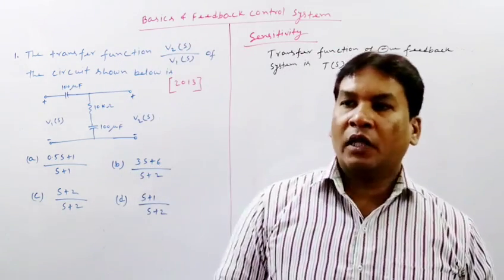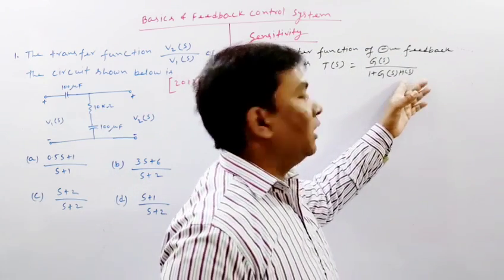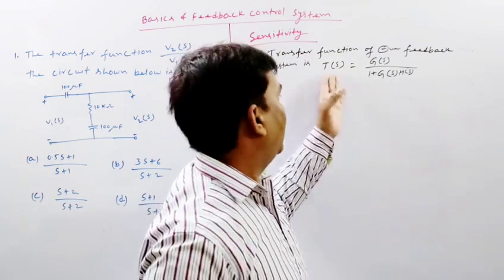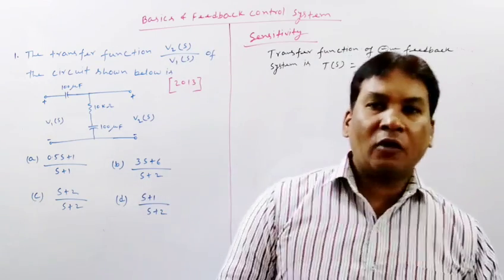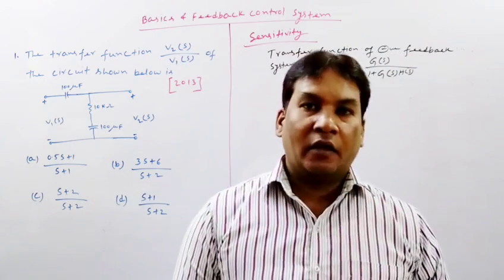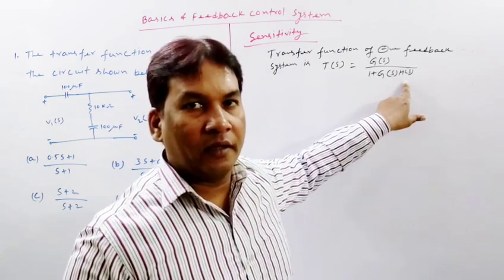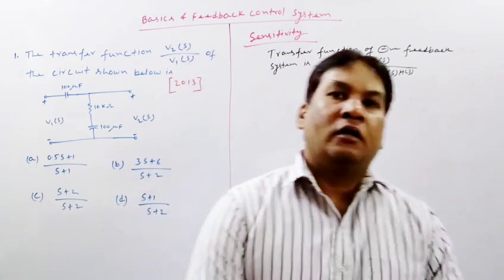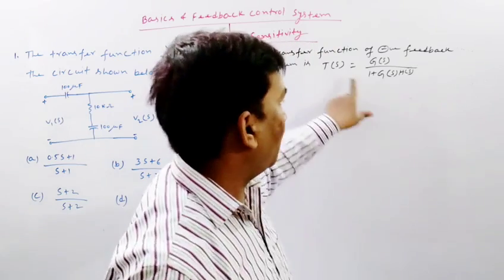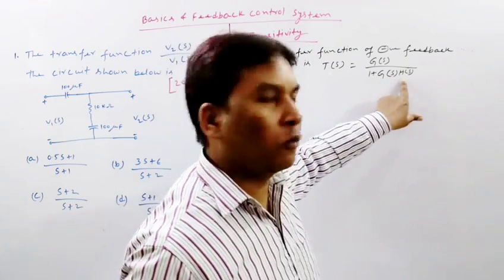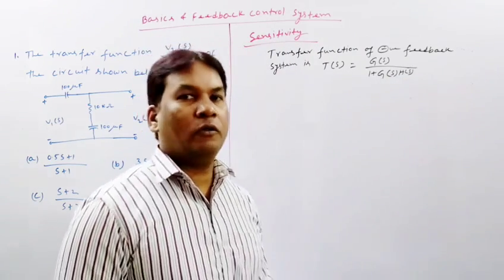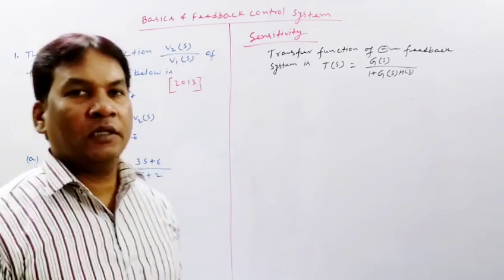Similarly, if we are changing H(s), then obviously T(s) will change. So the rate of change of T(s) with respect to the rate of change of H(s) is called the sensitivity of transfer function T(s) with respect to H(s). So now you have understood what is sensitivity.